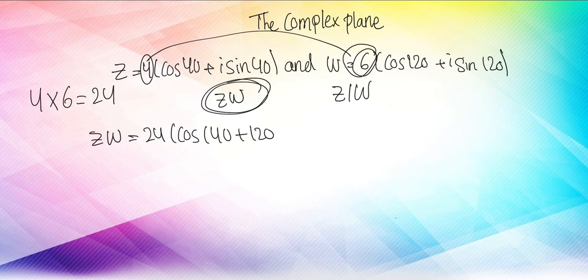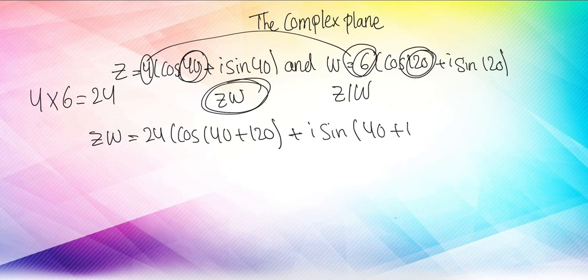So 24 (cos of 40 plus 120 plus i sin of the same 40 plus 120). We write the same number, 24, and the cos.